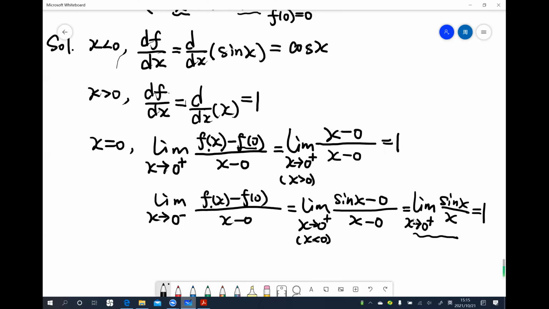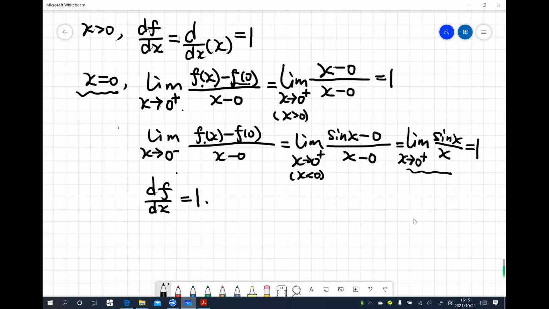So here, the right-hand derivative equals the left-hand derivative. So we know the derivative at this point, x equals 0, also equals 1.